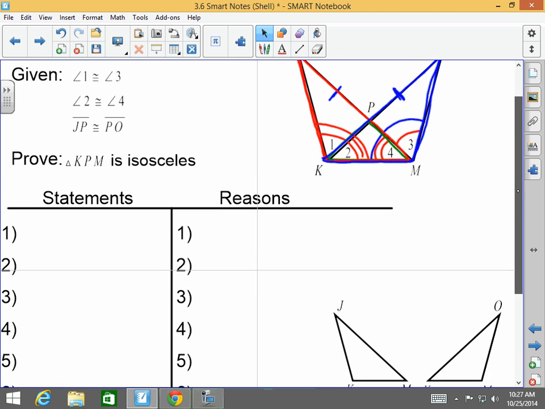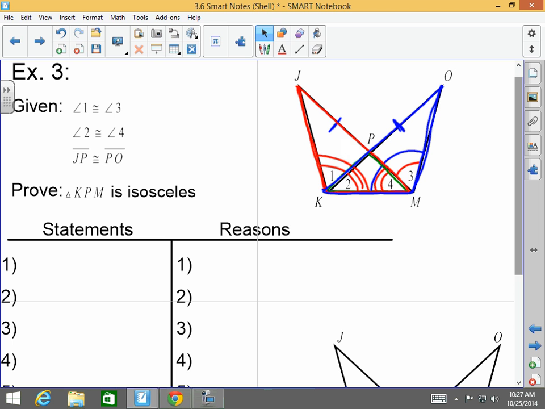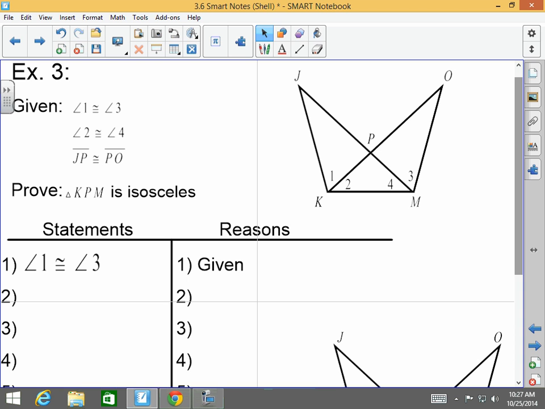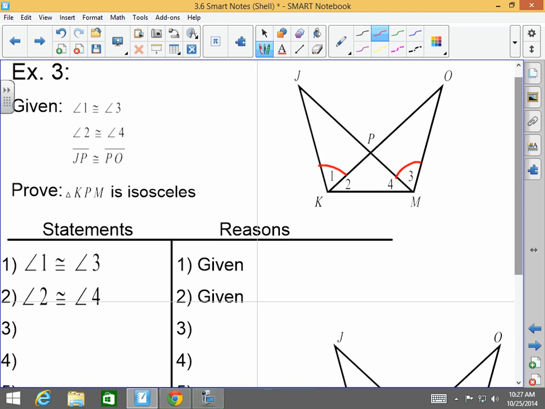So let's first start with the main triangles. We're going to work with both figures. Angle 1 is congruent to angle 3, given. Let's go ahead and label that, just like we did before. Angle 2 is congruent to angle 4. Let's go ahead and label that, like we did before.